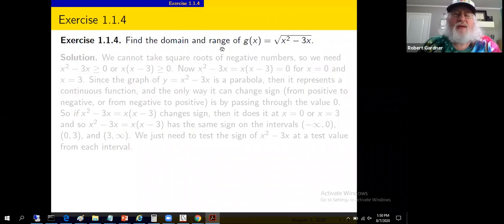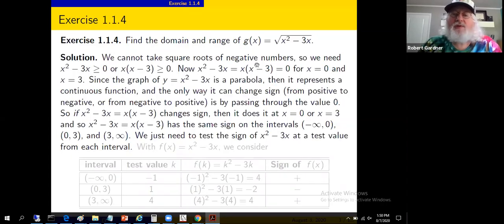Range, that might be a little bit more involved, unless you know how to graph this. And I don't think you know how to graph this. We could maybe get some insight based on your pre-calculus knowledge of what the graph looks like, maybe. This is probably more a question for calculus, and even then it's a little tricky to deal with a graph of this. Well, let's do what we were asked to find about domain first off.